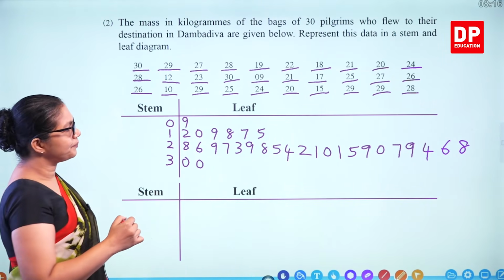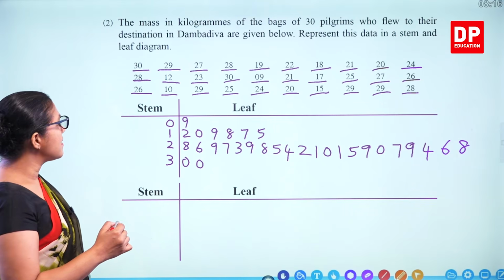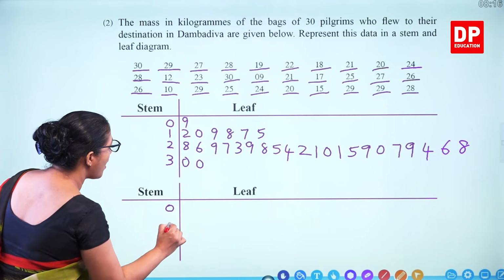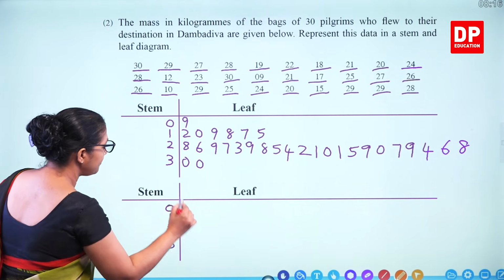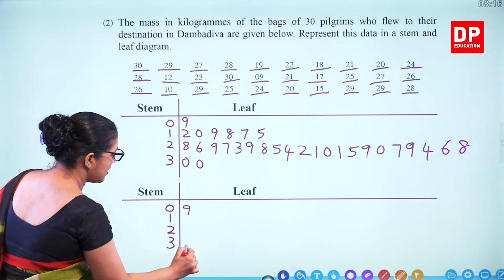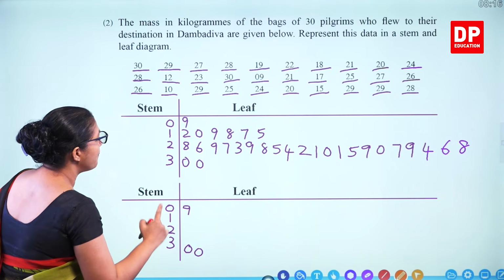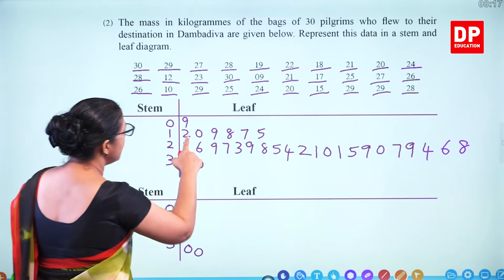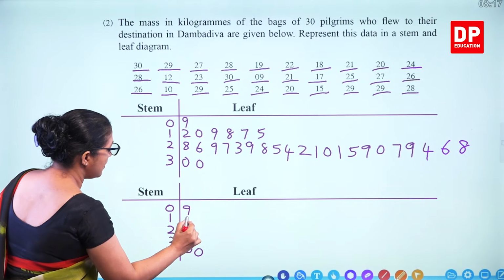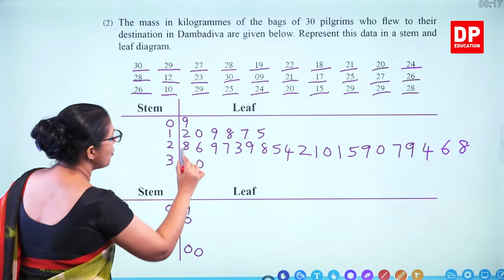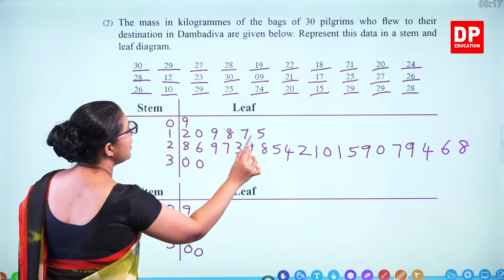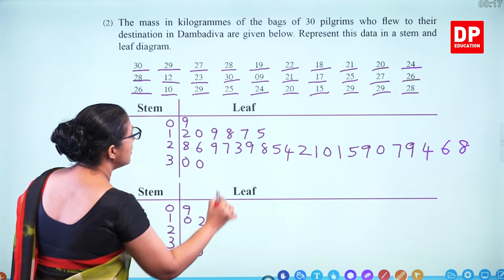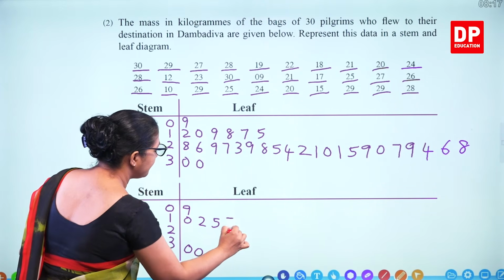Now we can rearrange this in ascending order. So 0, 1, 2, 3. This is only 9, zeros are there. 1 with starting 0, 2, then 5, 7, 8, 9.